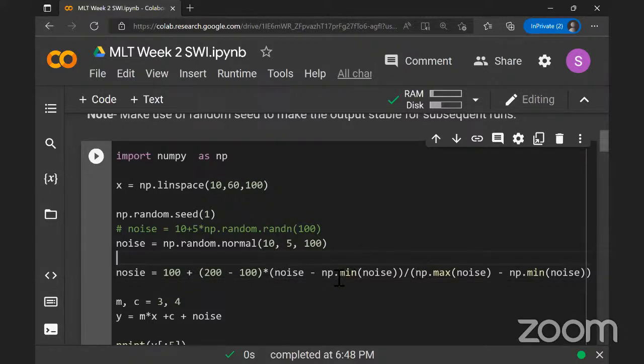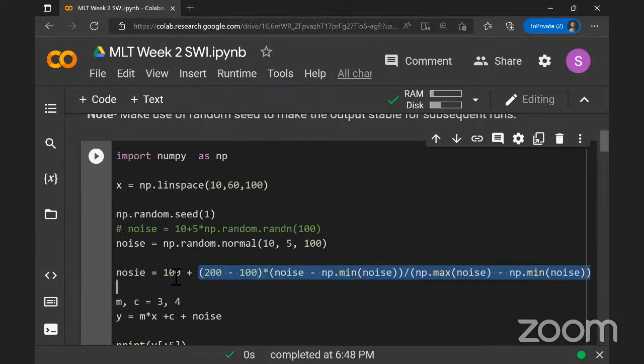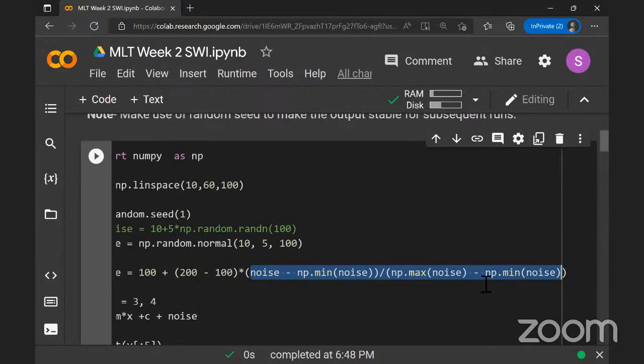Okay, so what I have applied is min-max scaling, which typically returns the answer between 0 and 1, right? So whenever the answer is 0, this entire thing becomes 0 and the answer is 100. So the lowest value will be 100. And this quantity will give you the highest value, which is going to be 1, when the element in noise is equal to np.max, the maximum value in the noise.